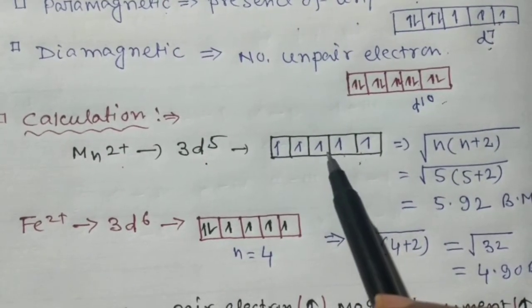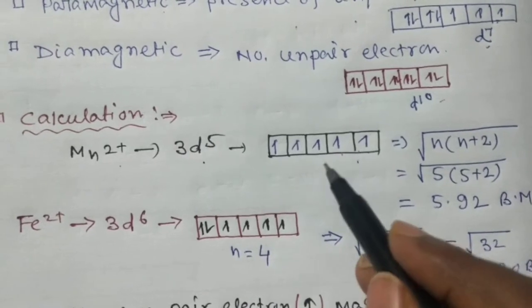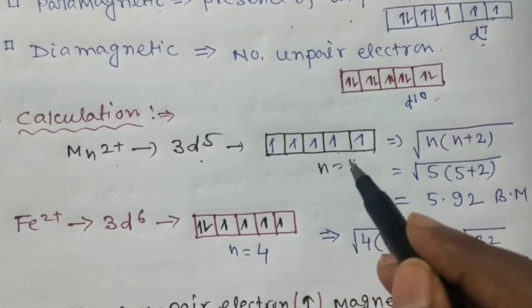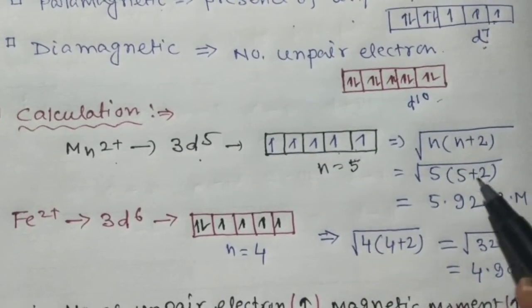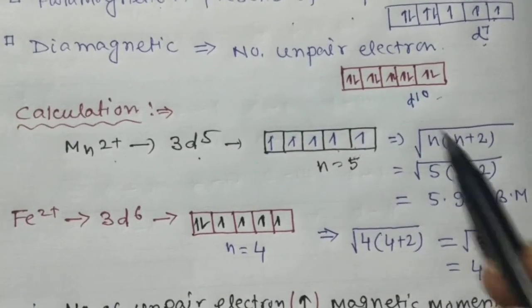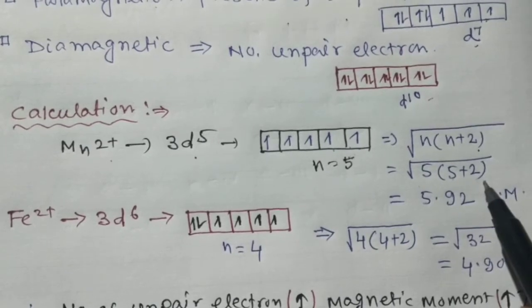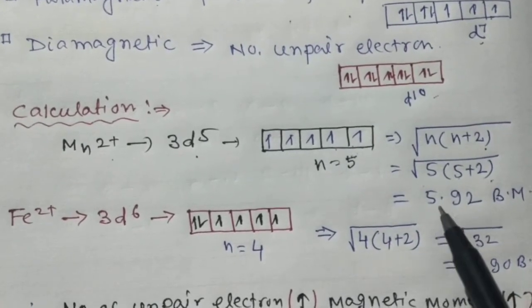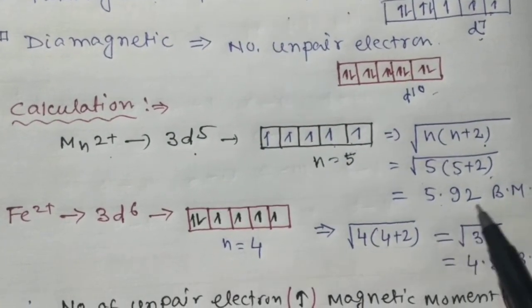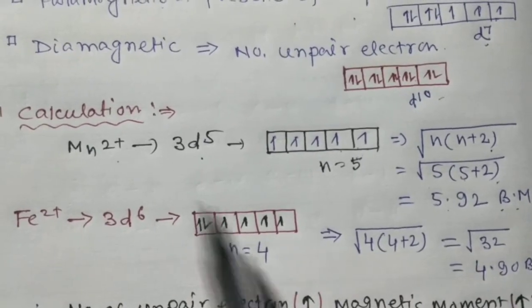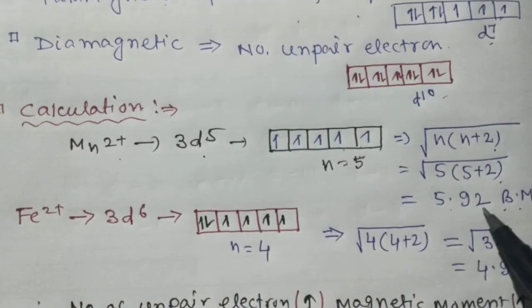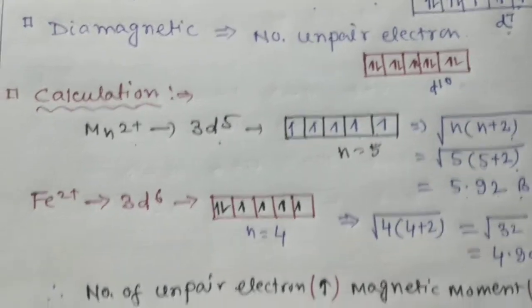All are unpaired, so the number of unpaired electrons n is equal to 5. So root over n into n plus 2, root over 5 into 5 plus 2, in calculation the value is 5.92 Bohr magneton. So Mn2+ has magnetic moment 5.92.